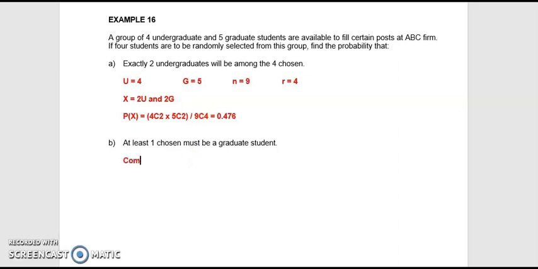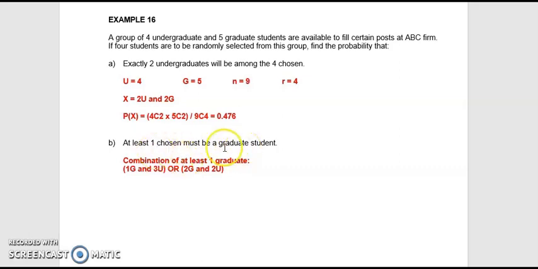So the combination of at least one graduate will be one graduate and 3 undergraduate, or 2 graduate and 2 undergraduate.